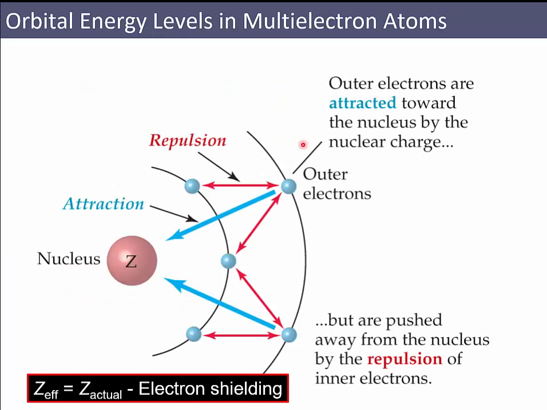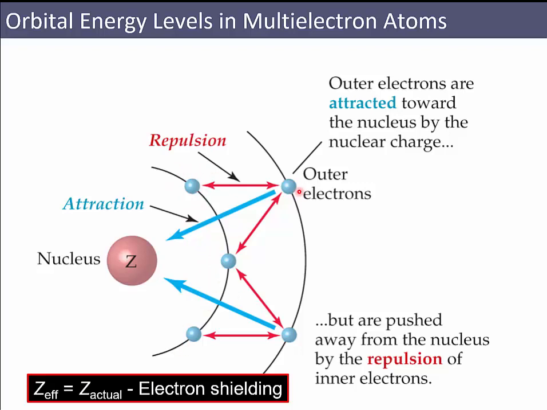Some of these energy levels are determined by something that's called electron shielding. It's going to change some of these energy levels a little bit, where you've got outer electrons that are going to be repelled from some inner electrons. So these outer electrons, they're going to see that nucleus, right? It's got a plus charge, but these inner shell electrons that got there first are going to repel them.